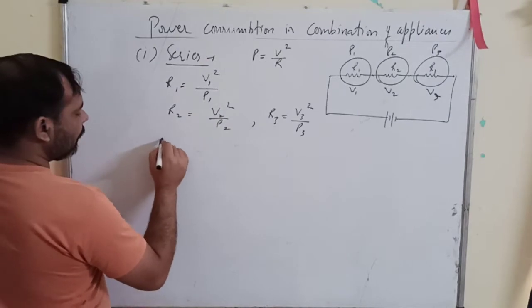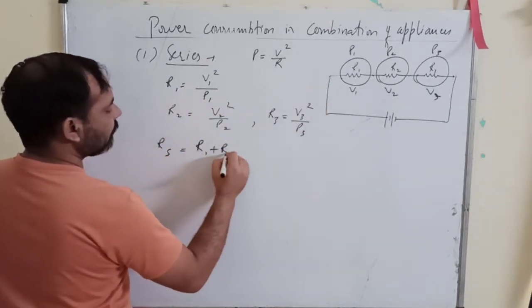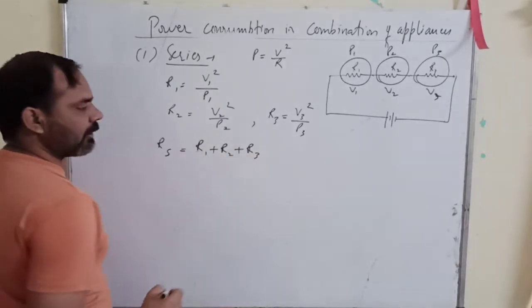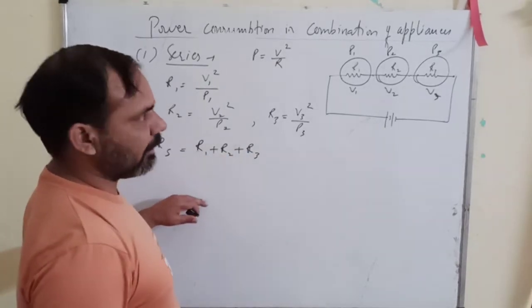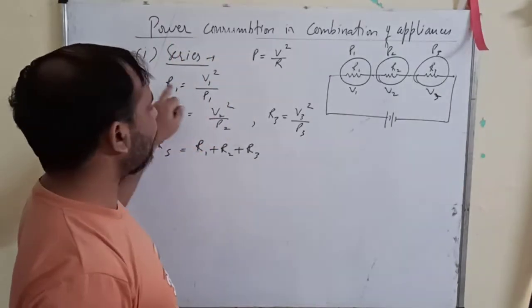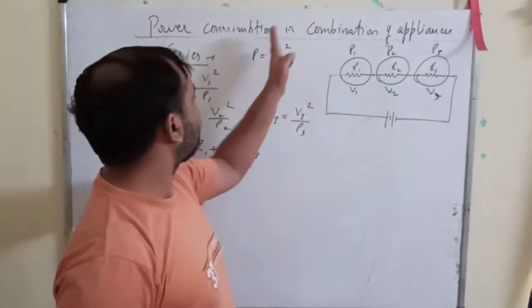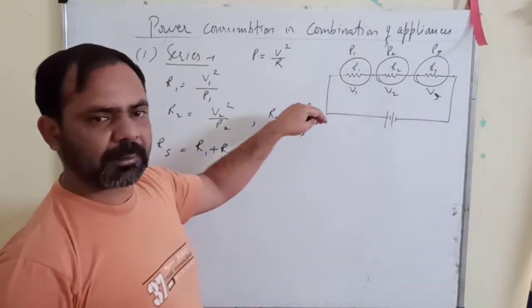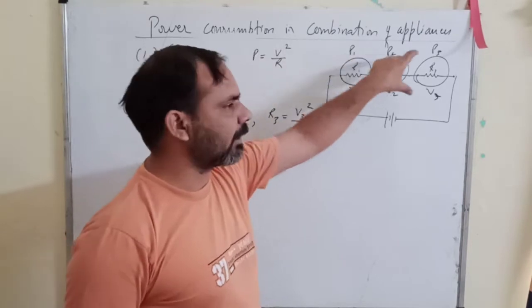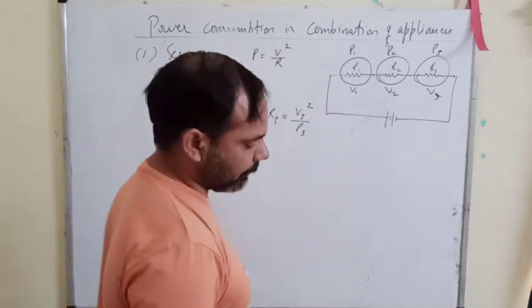Now R of the series combination is R1 plus R2 plus R3. What we are finding is, if individual powers are P1, P2, P3, what will be the total power consumption of the system when the appliances are connected in series combination. That value we are going to find out.